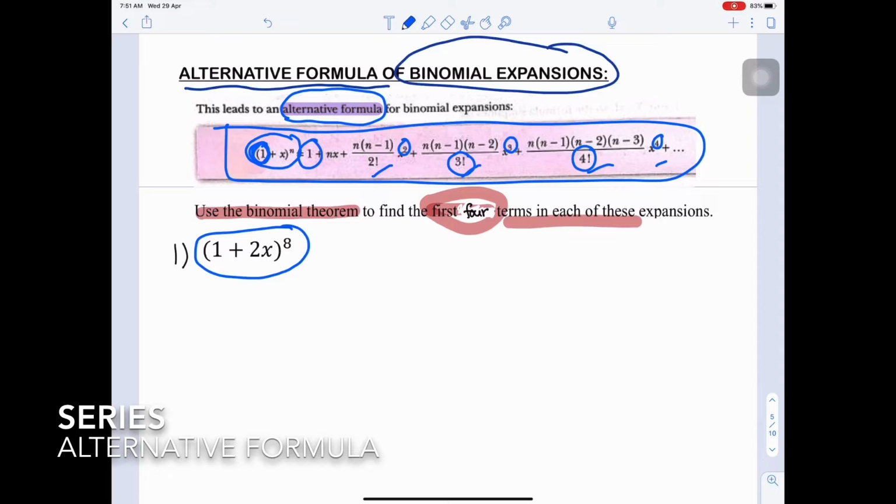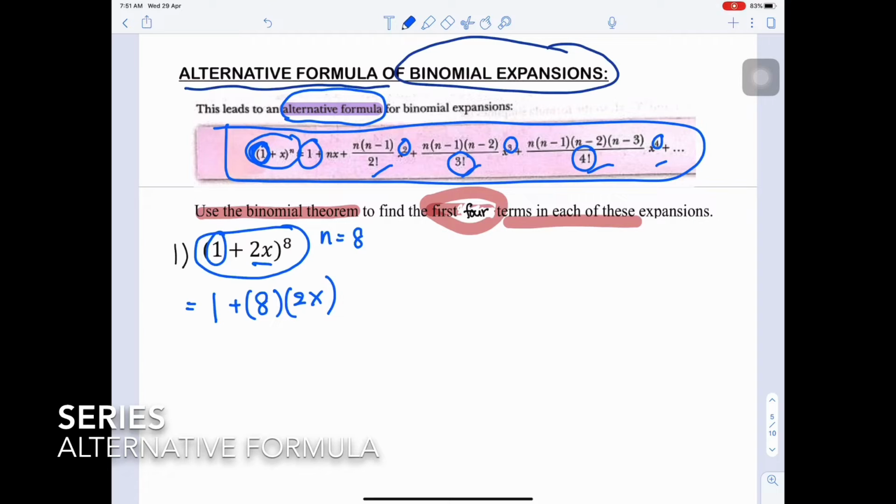Let's do the expansion. Because the first variable is 1, we get 1 plus, and n equals 8, so 8 times the first variable. The second variable is 2x.